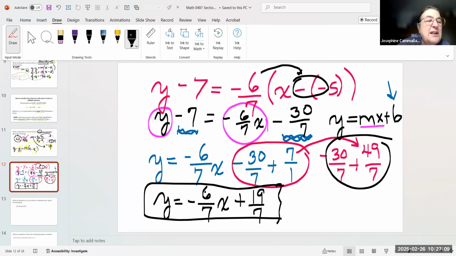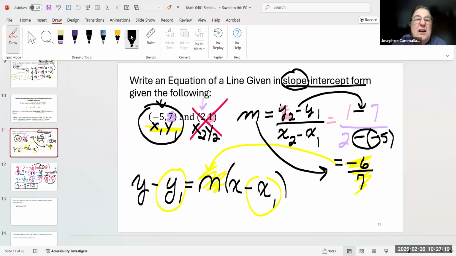And let's make sure. Let's see, did I make my slope wrong? 1 minus 7, 2 minus a minus. So this gives me a negative 6 over here. And this is slope-intercept form. Let's see. No, that's right.